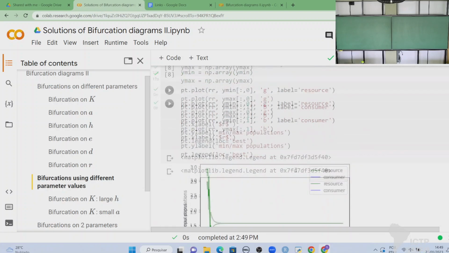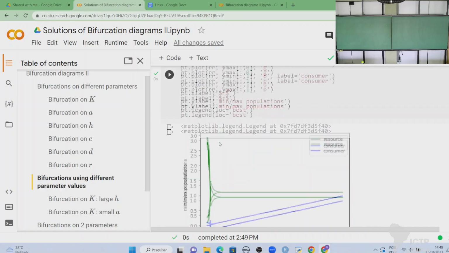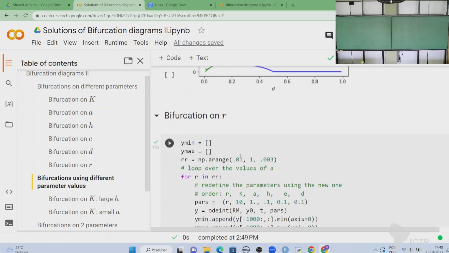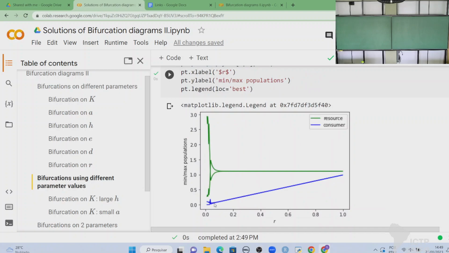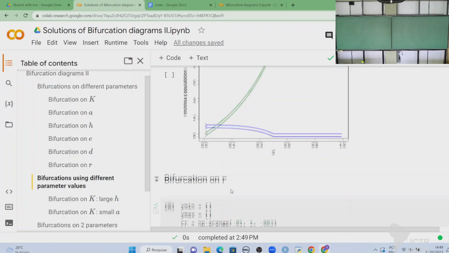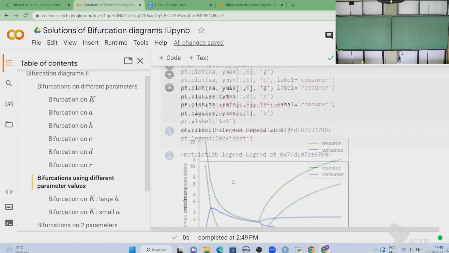Okay, no warning now, and yeah, we do have this bifurcation here, but then it gets really weird. And I don't have any warnings, no warnings, but this looks like an issue of small time. What is T over here?